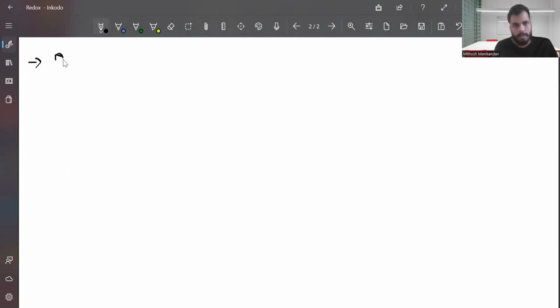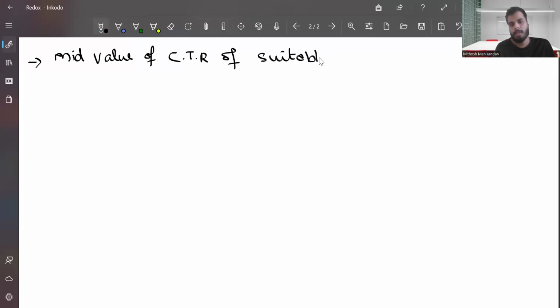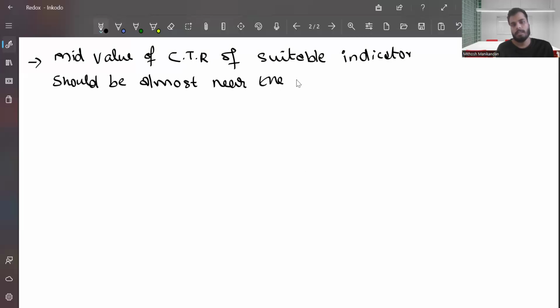The mid value of the color transition range of a suitable indicator should be almost near the equivalence point.